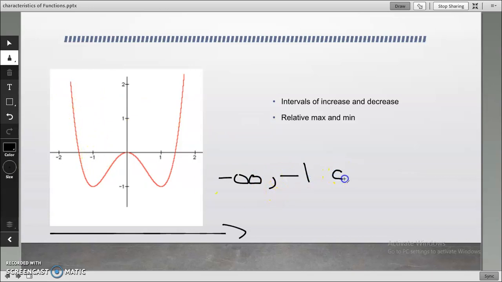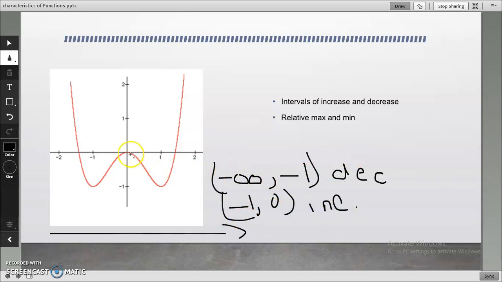I am decreasing. Would you agree? Looks like the graph is going down. Then from negative 1 all the way to 0, looks like I'm increasing. And then from 0 all the way to positive 1, I am decreasing.